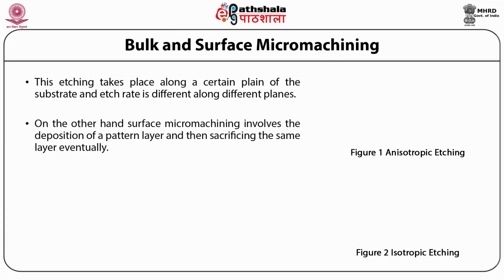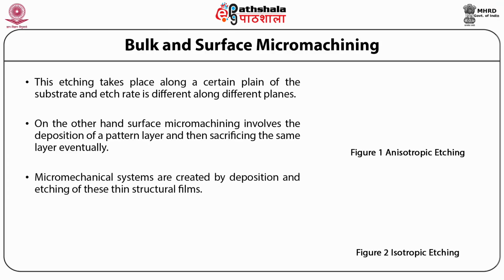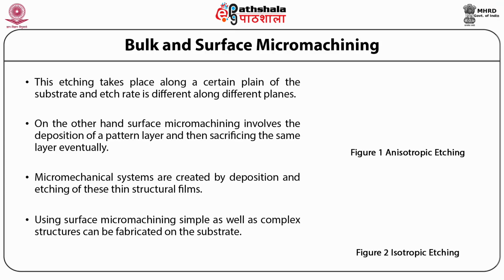On the other hand, surface micromachining involves the deposition of a patterned layer and then sacrificing the same layer eventually. Micromechanical systems are created by deposition and etching of these thin structural films. Using surface micromachining, simple as well as complex structures can be fabricated on the substrate.